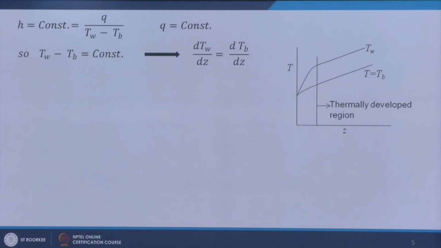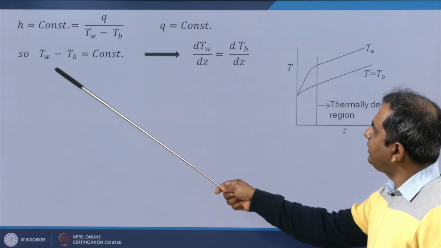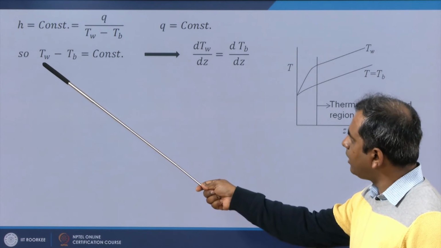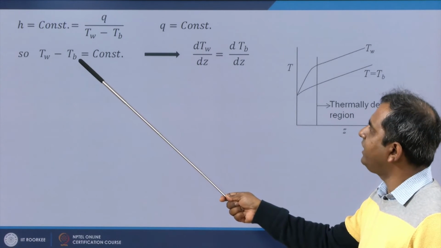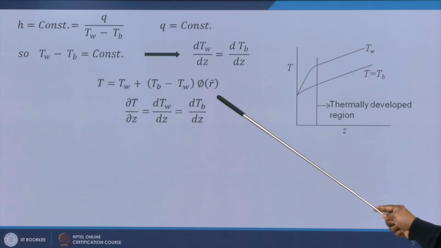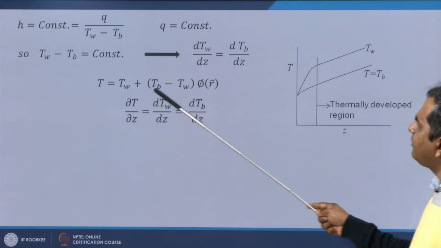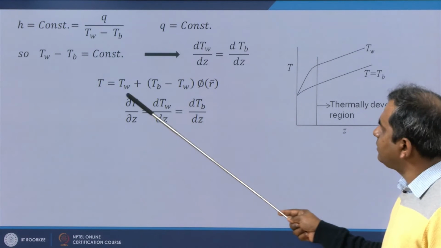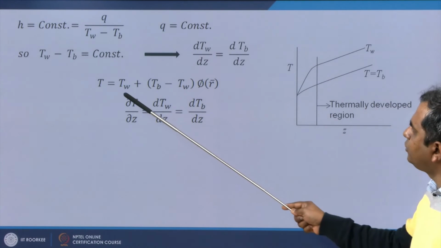So we find from here, as it is constant, d/dz of T_w will obviously be d/dz of T_b. d/dz of T_w is equal to d/dz of T_b. Let us proceed further. Here let us take the derivative of this temperature in the form of phi with respect to z.